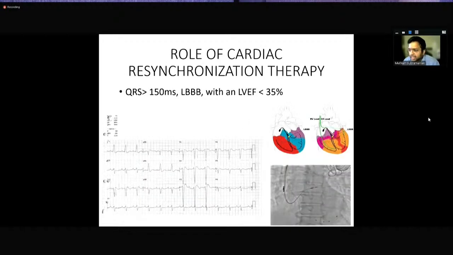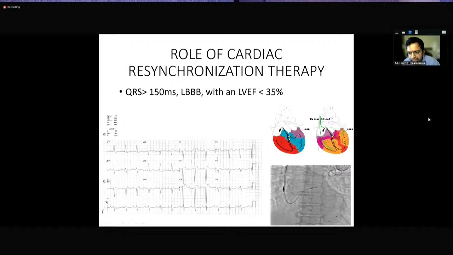The last thing I just spend 2-3 minutes on is that cardiac resynchronization therapy has really changed the outcome for many patients with heart failure, where you have a patient where QRS is more than 150, there's a left bundle branch block, and there's an EF less than 35%.